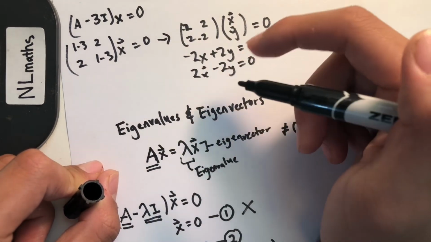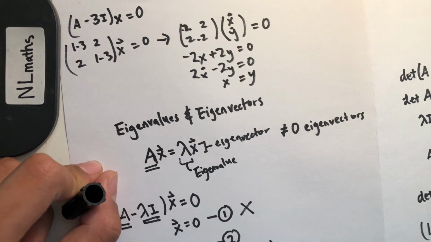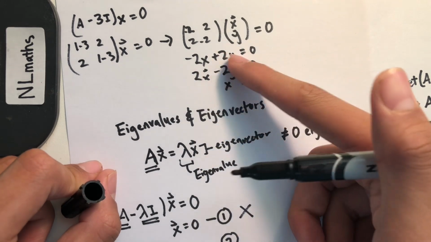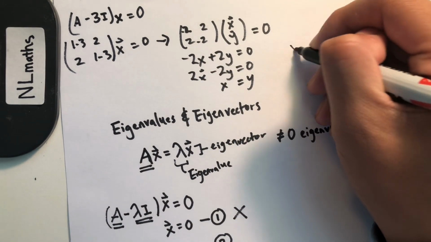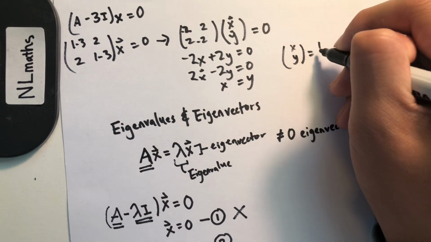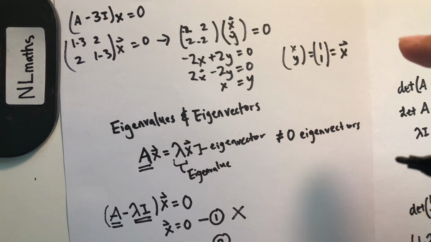So they look the same. That means x equals y. They're exactly the same, really. And if x equals y, that satisfies this equation, that means we can pick any number. And usually we pick 1 because 1's the easiest. So x, y equals 1, 1, which equals our particular eigenvector.